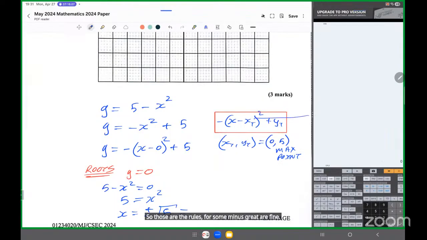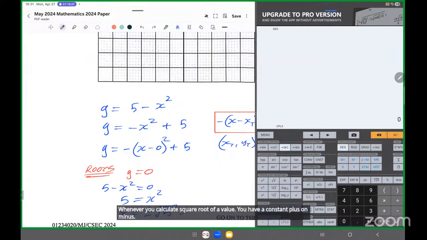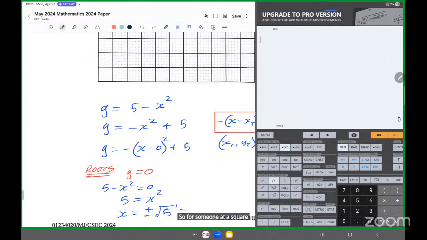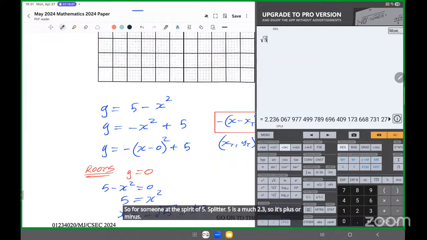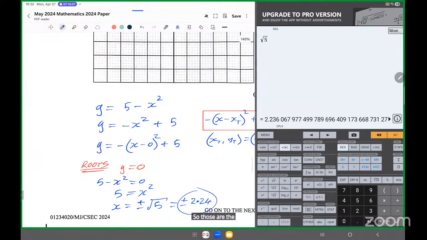Why plus or minus? Because whenever you calculate the square root of a value, you have to consider plus or minus. So plus or minus the square root of 5. The square root of 5 is how much? 2.24. So it's plus or minus 2.24. Those are the x values where it intersects the x-axis.